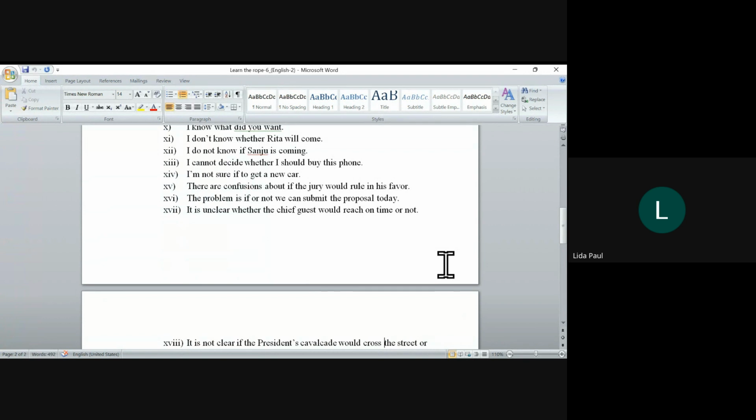But because of the presence of about, you will have to choose whether and not if. There are confusions about whether the jury would rule in his favor. We are using whether here because of about. Otherwise, it could have been both.